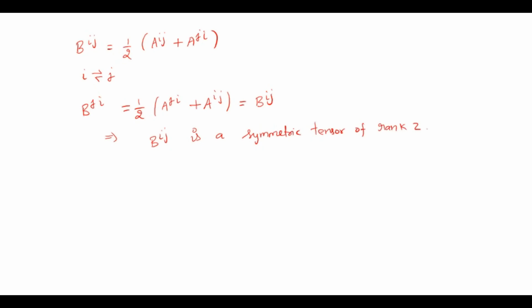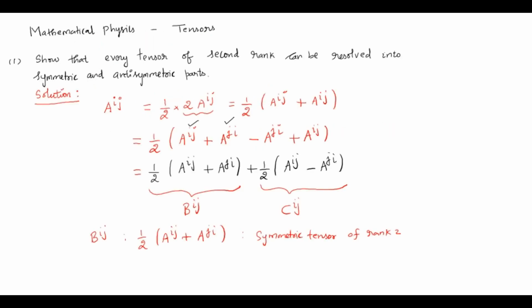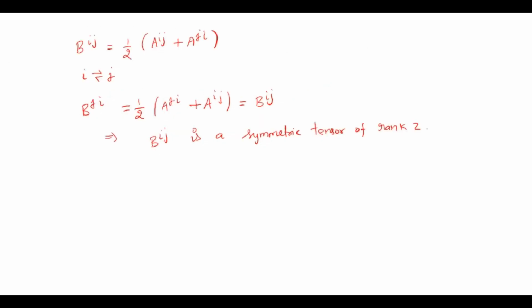Now let us take the next one, Cij, which is equal to 1 by 2 Aij minus Aji. We do the same thing, replacing i by j, so Cji equals 1 by 2 Aji minus Aij.